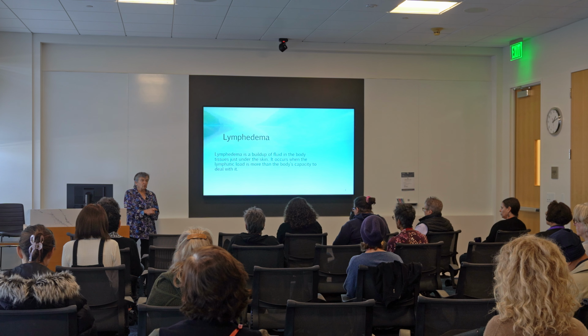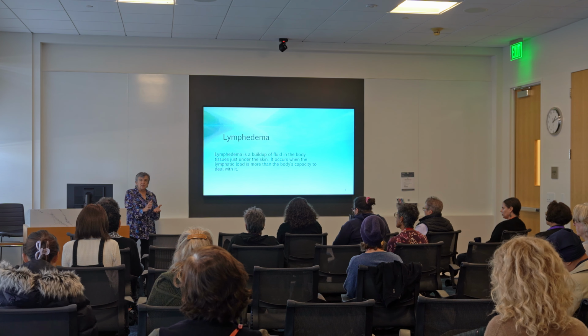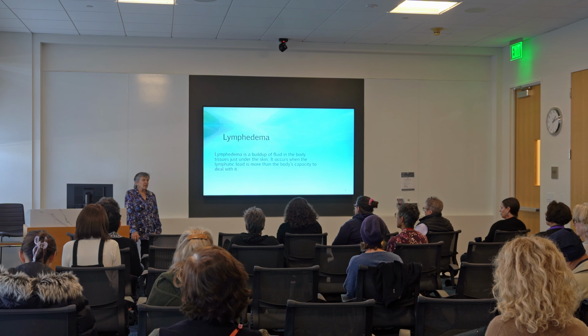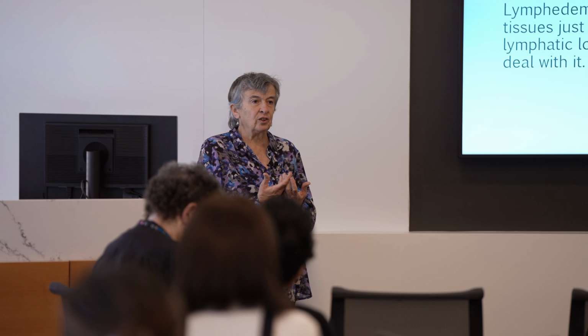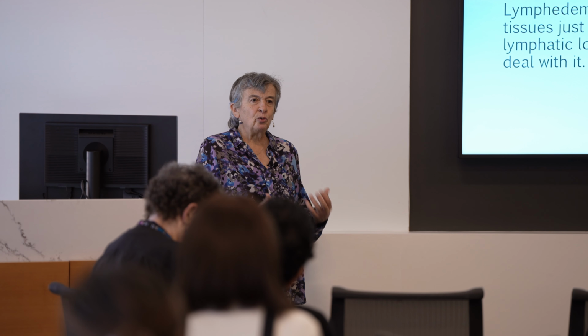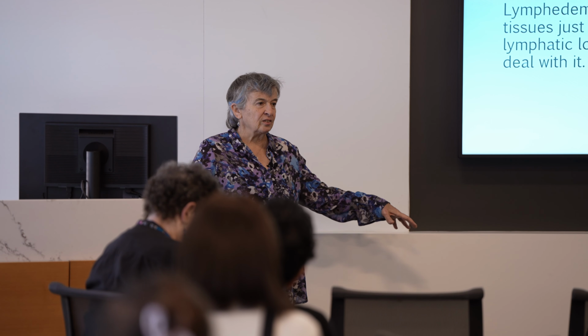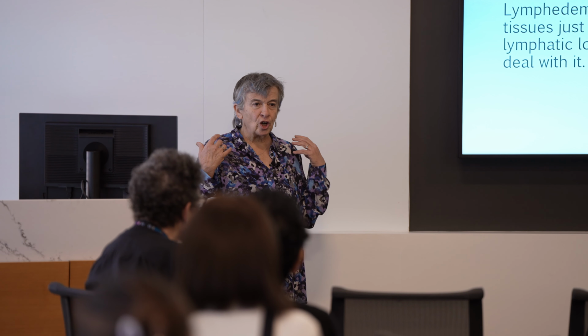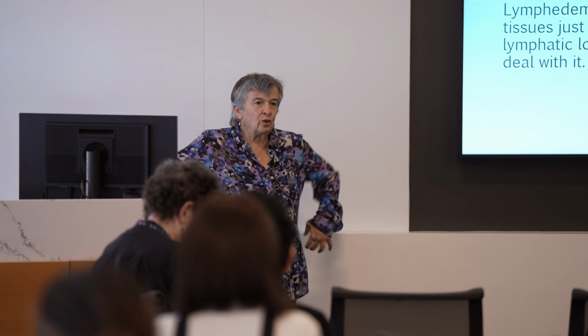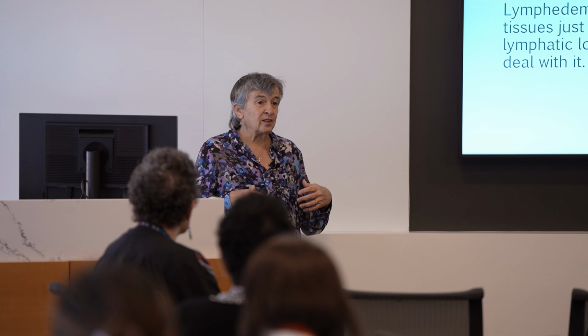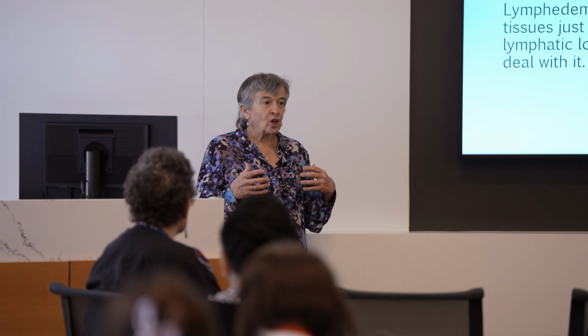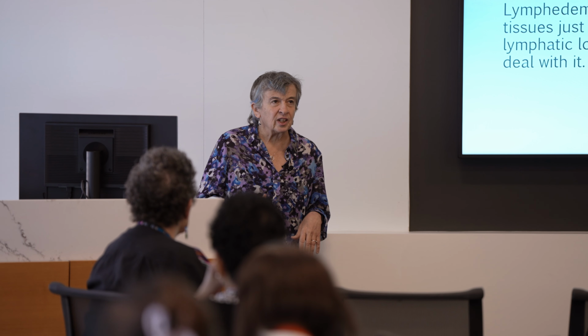So what makes it different is that if you have a sprained ankle, your lymphatic capacity is still pretty good, so that temporary overload gets distributed. If you have a bad sunburn on your back and your arms get a little puffy, your lymphatic system within a day or two, depending on how badly you got burnt, will take care of that swelling.